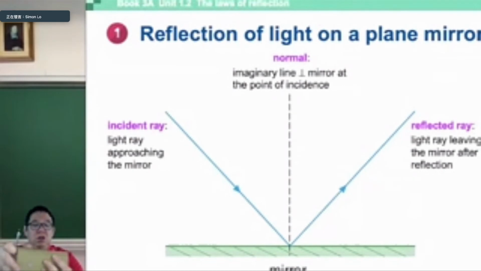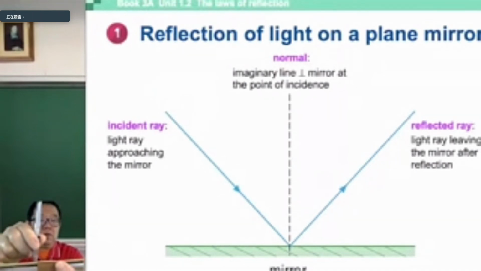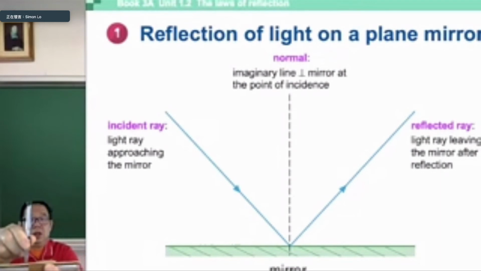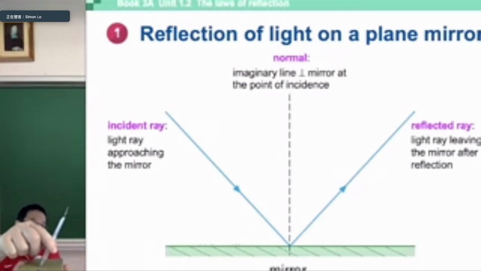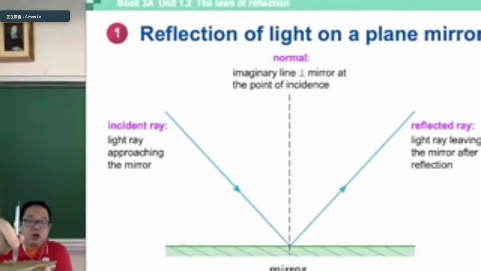For example, this is my mobile phone and this is the ball pen. The normal is perpendicular to the plane, perpendicular in all directions, 180 degrees. For example, from where you see me now it seems to be perpendicular, but if I turn to the other side, it is not. So a normal should be perpendicular in all directions.